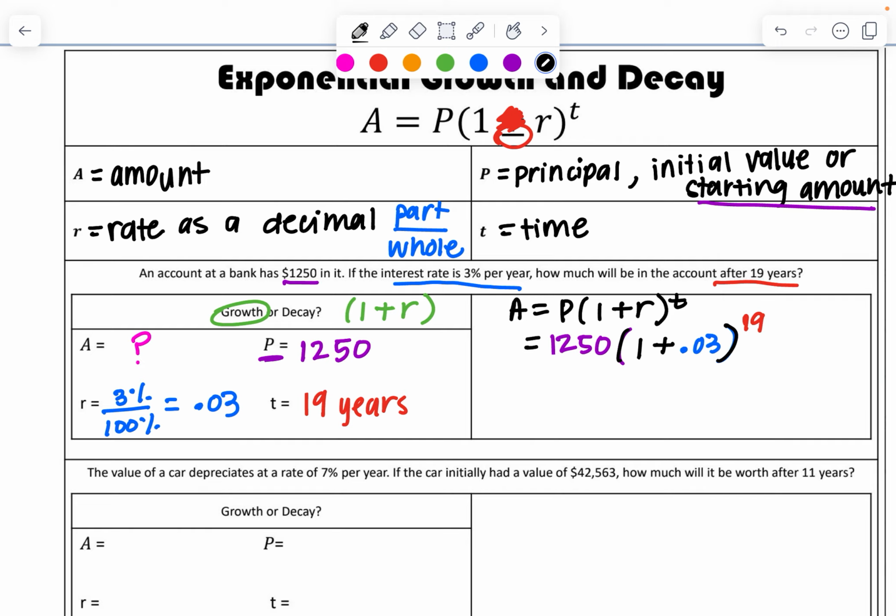Cool. Now all we have to do is punch it into our calculator and use PEMDAS to simplify, which means we're going to have to start with our parentheses. 1 plus 0.03 is 1.03. That's nice and straightforward and easy. Then we're going to need to do the exponents, 1.03 to the 19th power.